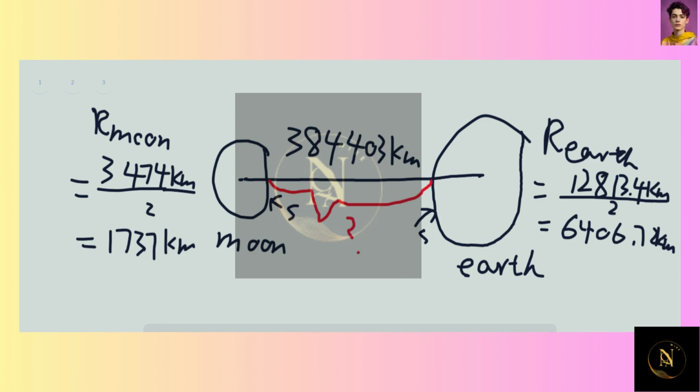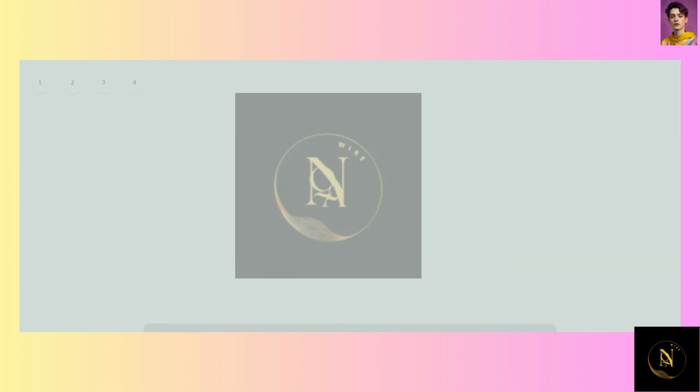That's the distance from the surface of the Moon to the surface of the Earth. With some algebra, let's say this distance is Ls, which is L1 minus R moon minus R Earth.